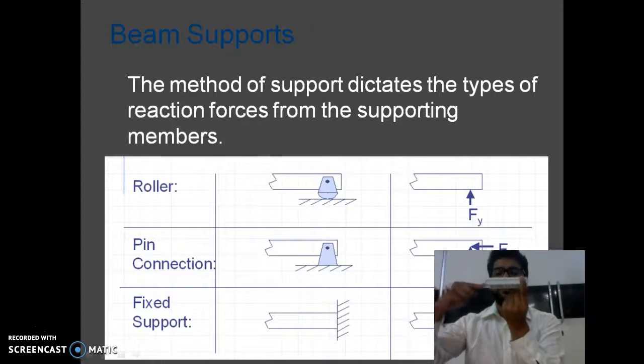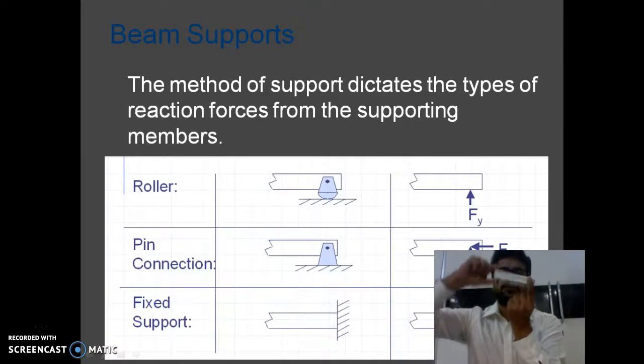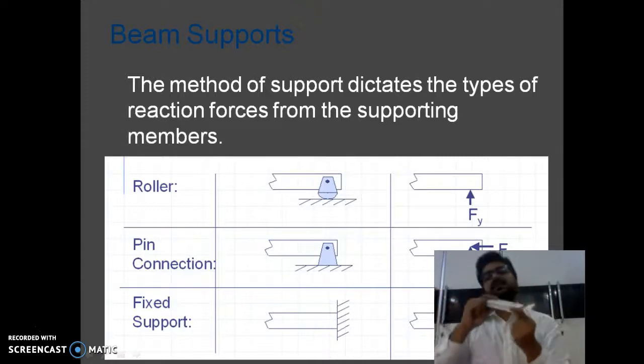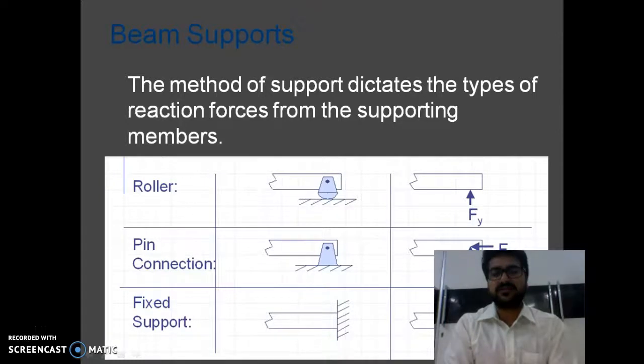Similarly, if I apply a horizontal load, it does not move, because the reaction is produced by my hand, but it is free to rotate about my hand. So this is how the hinged support works. A beam supported by a hinged support can rotate due to moments produced but cannot change its position.